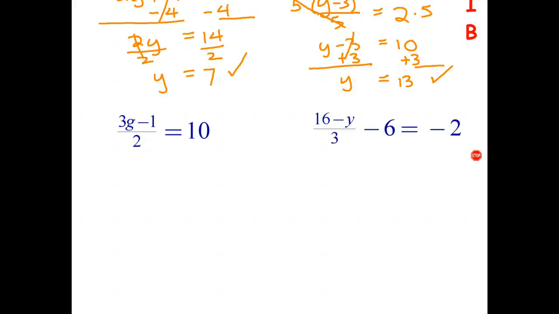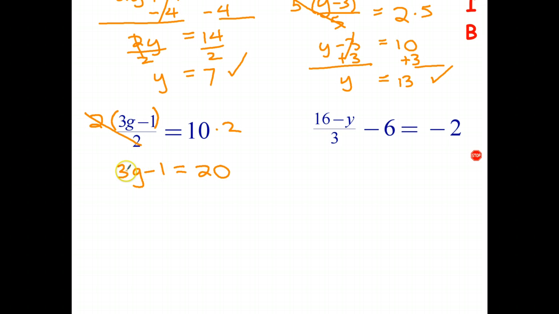Okay, welcome back, students. Well, hopefully the first thing you did is put brackets around the numerator. Now, because that's inside the brackets, we're not going to touch those till the end. So the first thing I do is multiply both sides by 2. That gives me 3g take 1 equals 20.